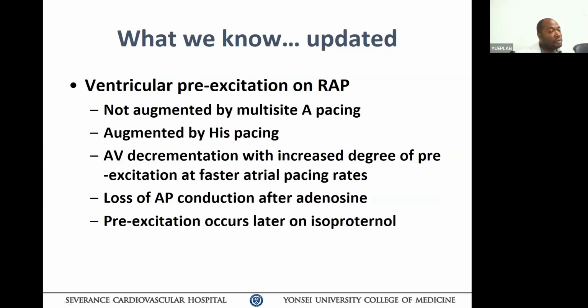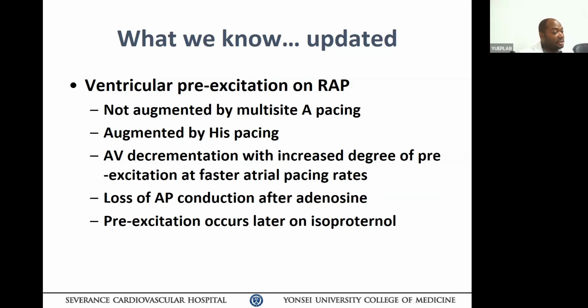So now what do we know? We've seen that there's ventricular pre-excitation on RA pacing. It's not augmented by multi-site atrial pacing, however, it's augmented by His pacing. There's AV decrementation, which is normal. And as it decrements, there is an increased degree of pre-excitation, which then remains fixed and then is maximal at the block cycle length.